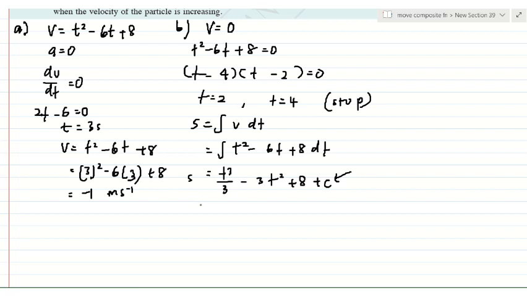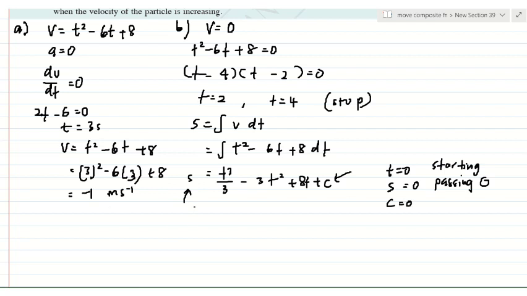So how to get the value of c? We have to know when t equal to 0. When t equal to 0, what happens with the value of s? When t is 0, the value of s will also be equal to 0 at the starting point, passing O. So c will also be equal to 0.